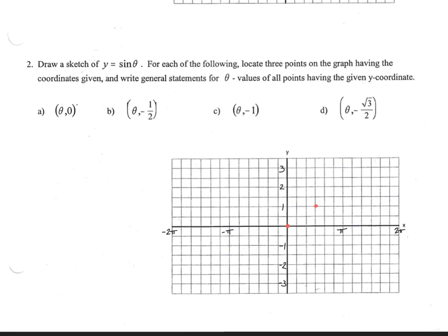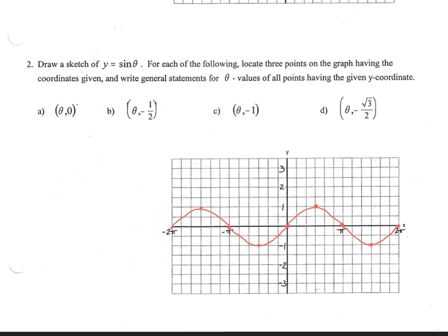I hit my max at pi by 2, my 0 at pi, my minimum at 3 pi by 2, and I'm back to 0 at 2 pi. We're going through and we're creating that sketch, and we can do the same thing going backwards, thinking about each quarter. And there is a very quick sketch of our sine curve.